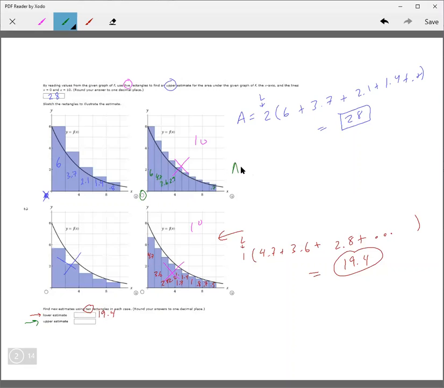So I added those up, and again, it's going to be 6 plus 4.7, 3.6, and so on. And I get 24.7 approximately. And if you go a little bit different, you'll probably get the same. You'll probably get it correct, even if you're a little bit off the answers that I have.